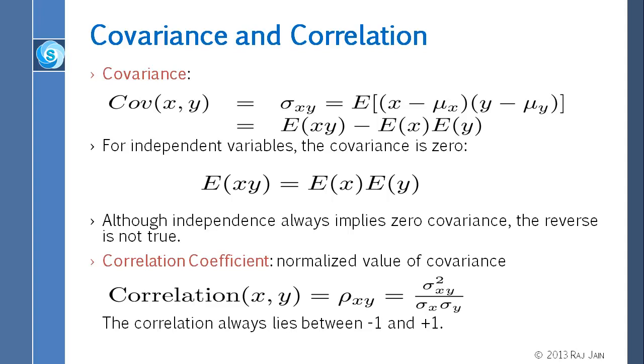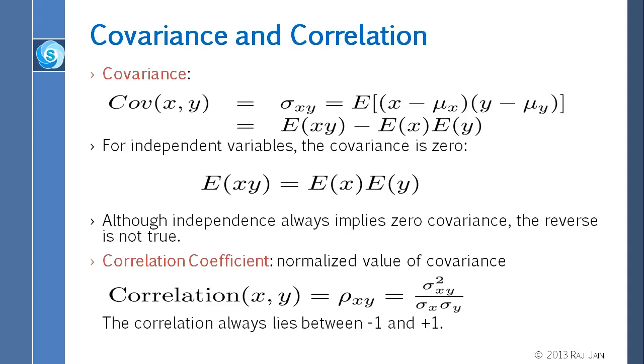And if you multiply these two, you would get basically expected value of xy minus expected value of x times expected value of y. So this is mu x and this is mu y. So this is expected value of xy minus mu x mu y.